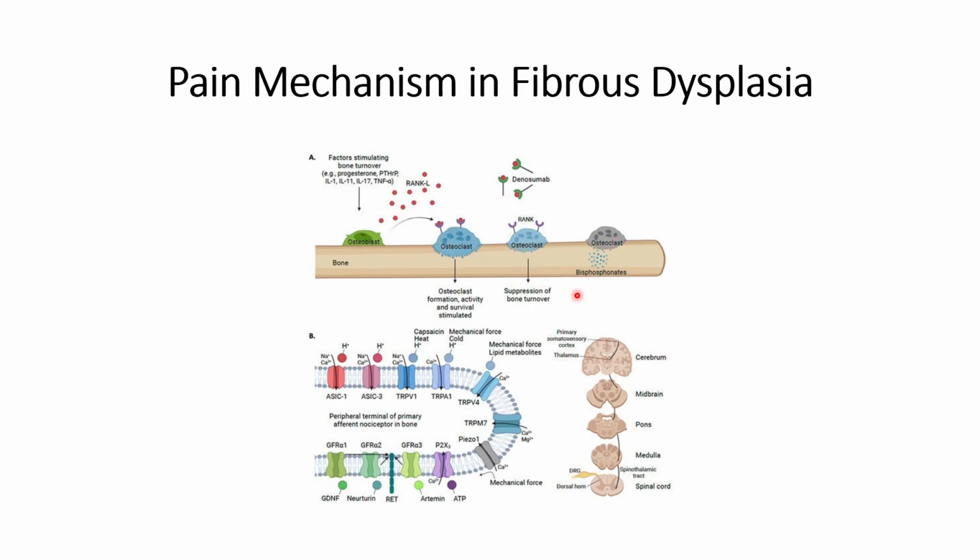One more thing that might affect the osteoclast is the presence of bisphosphonates, which will reduce bone resorption and try to maintain the equilibrium between osteoblast and osteoclast.